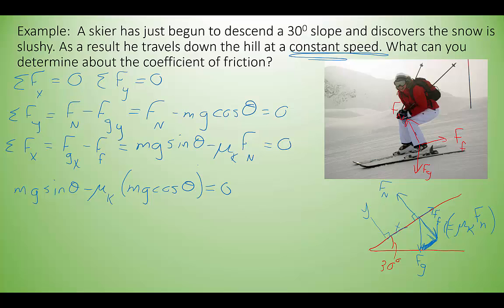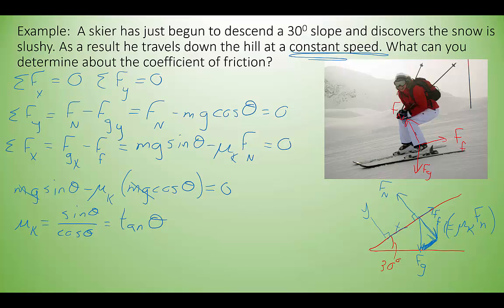Solve this for mu sub k. I can cancel out my mg's on each term, and mu sub k becomes sine theta over cosine theta, or simply tan theta.